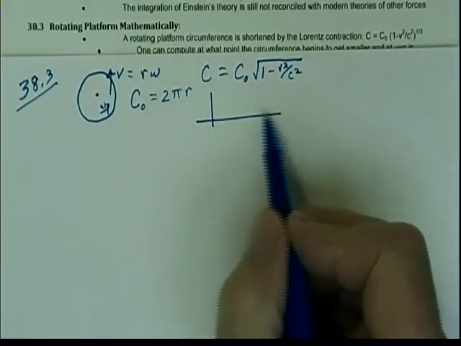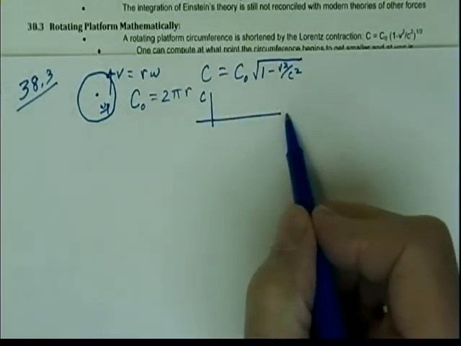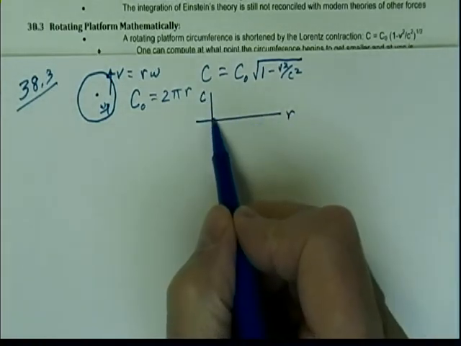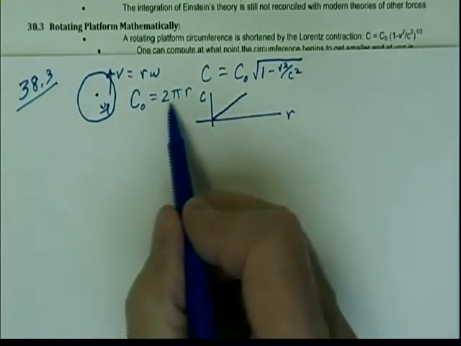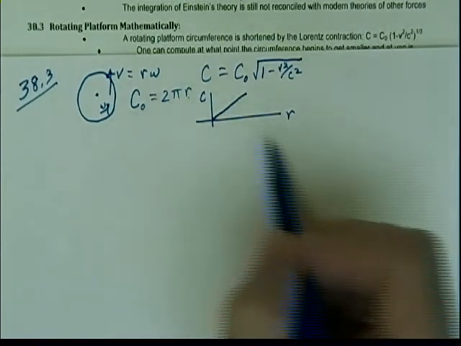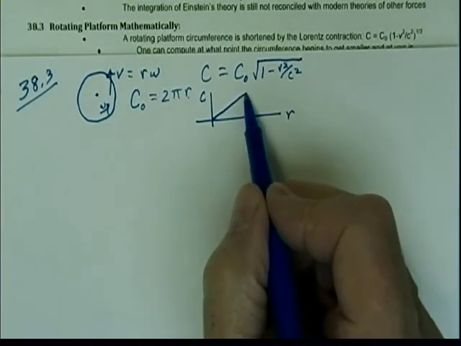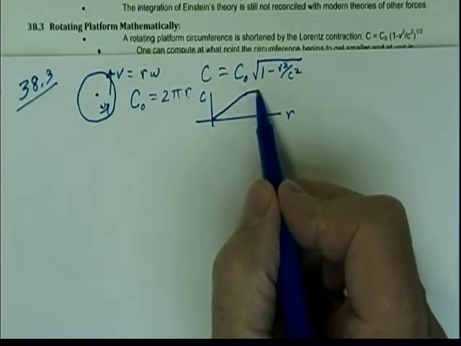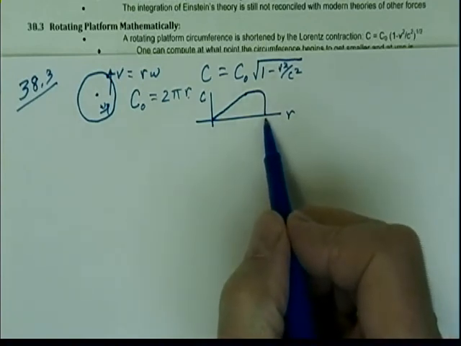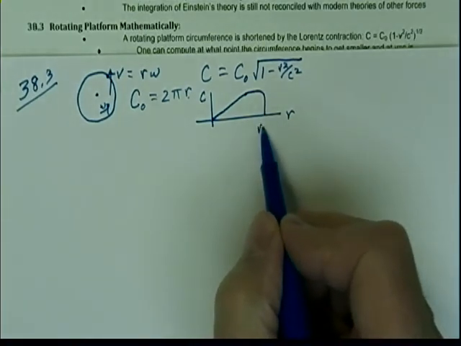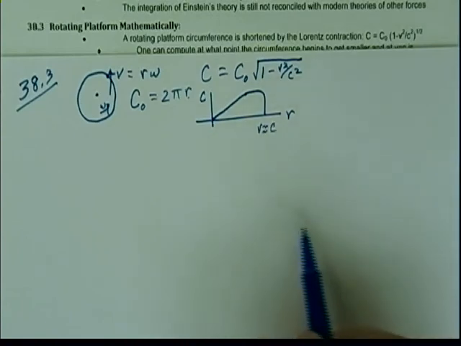If we were to plot this circumference versus the radius, of course it goes up linearly, as circumference is proportional to the radius. But then at some point it begins to fall off, and then it dips very rapidly down to 0 when our velocity is approximately equal to the speed of light, c.